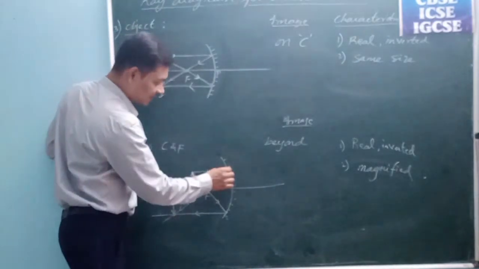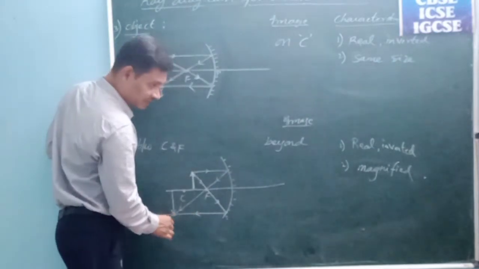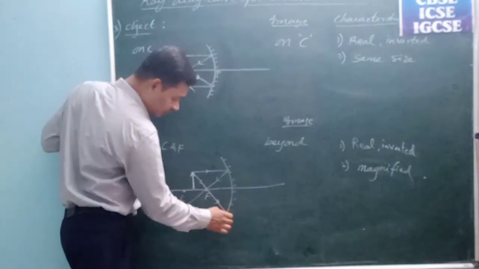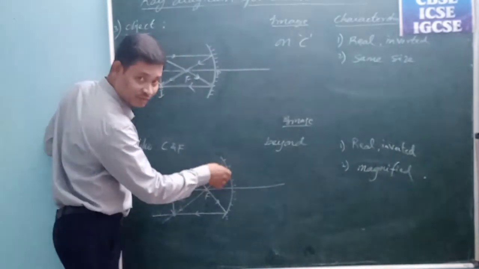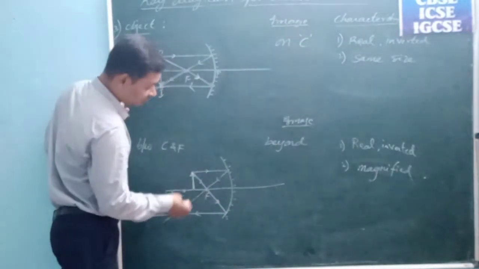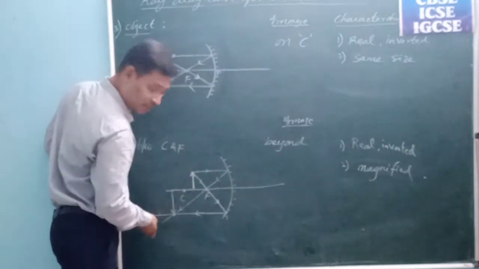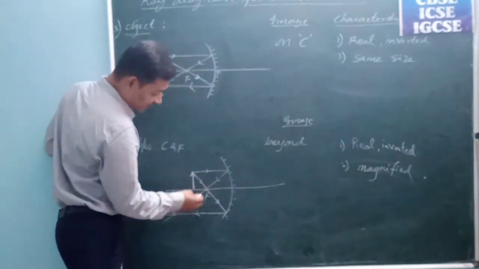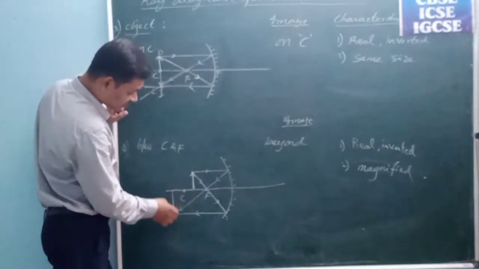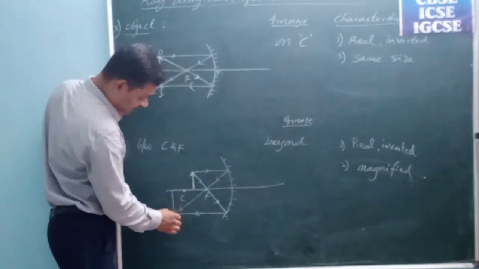The first light ray, which is parallel to the principal axis, after reflection passes through the focus, and the light ray which is passing through the focus will become parallel. Very simple converse things. So here these two reflected rays are meeting at this point, and that position is somewhat after C, that is beyond C. Here the image is formed.